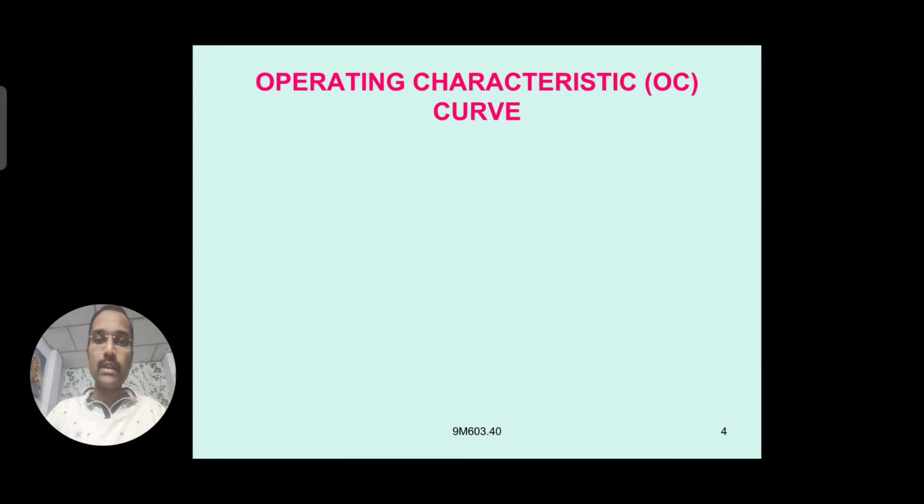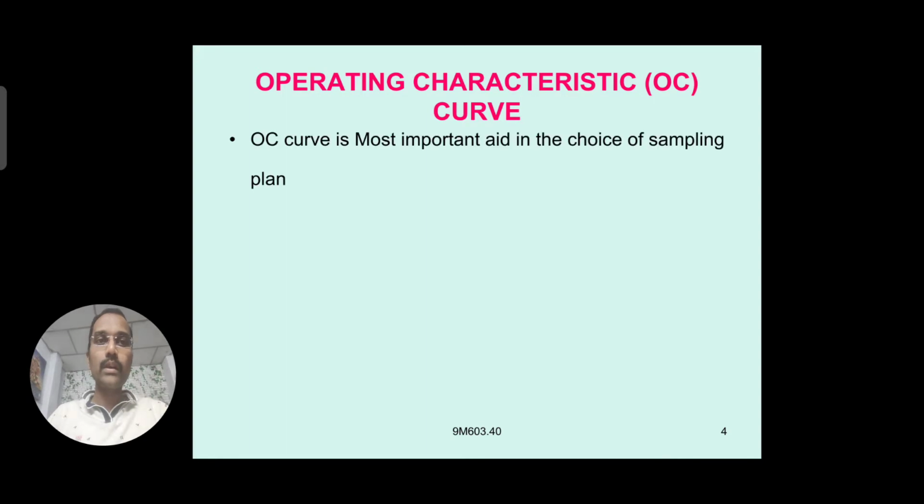It acts as an important tool in the choice of sampling plans instead of the inspection part. So this OC curve is one important aid in the choice of the sampling plan. And here the ordinate of the OC curve shows the proportion of lots accepted.